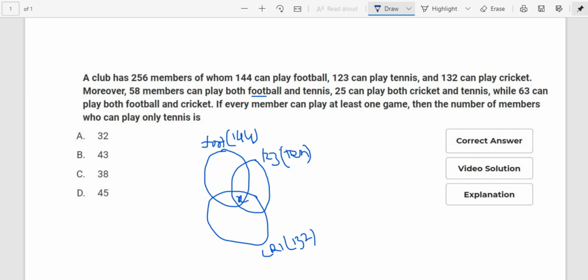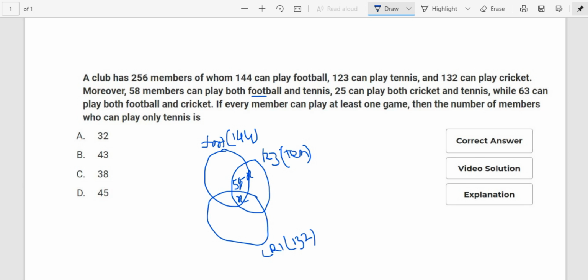Those members who are playing football and tennis, that is 58 minus X. Why am I subtracting X from 58? Because these three games are playing here, isn't it?